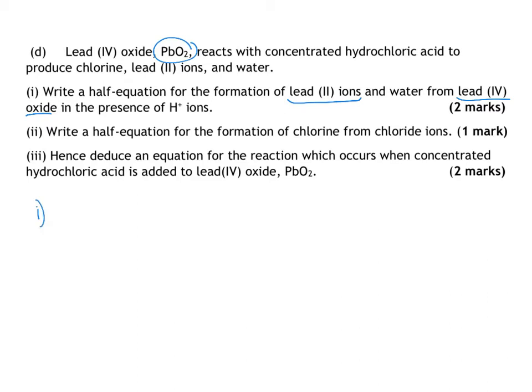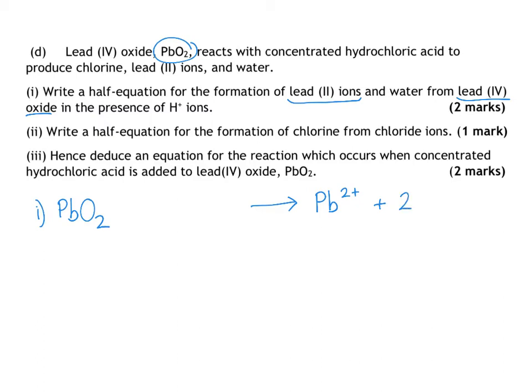So in part 1, we have PbO2 on the left, leave a bit of space, and lead 2+ is what is being formed on the right. I'm also told that water is formed, but actually that would be the next thing I was going to do anyway, because my lead is balanced, there's 1 atom of each on each side.